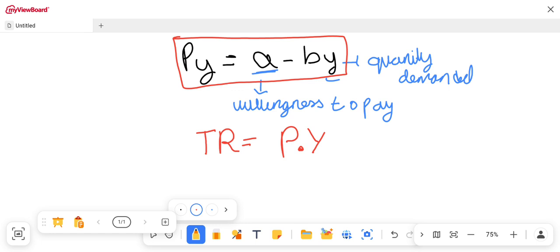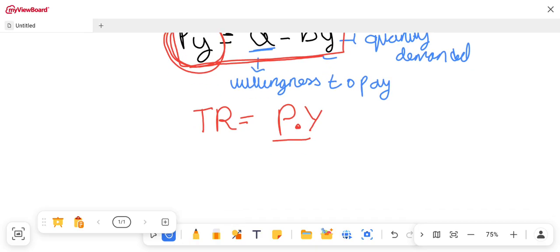You might think that Y is the income, but no, it's the quantity. So we know that TR equals to price into quantity, and from here price is the function of Y, okay? Quantity demanded.